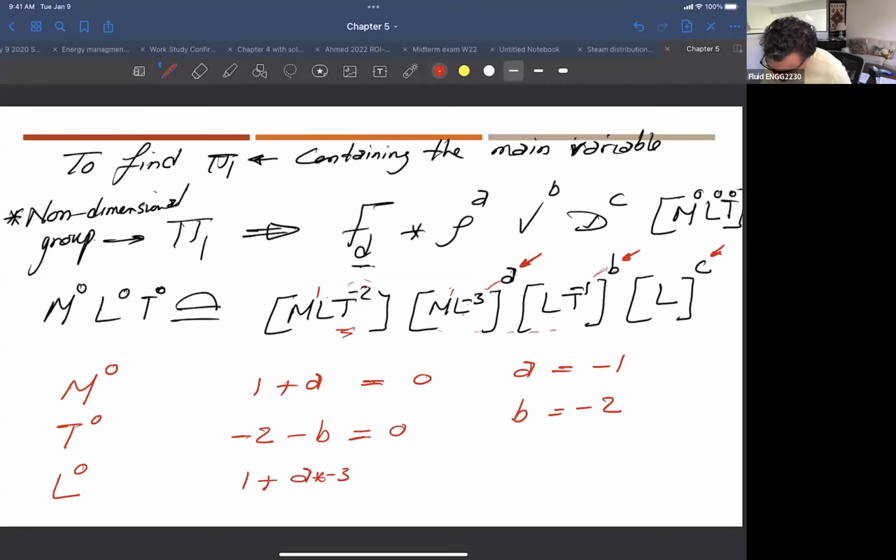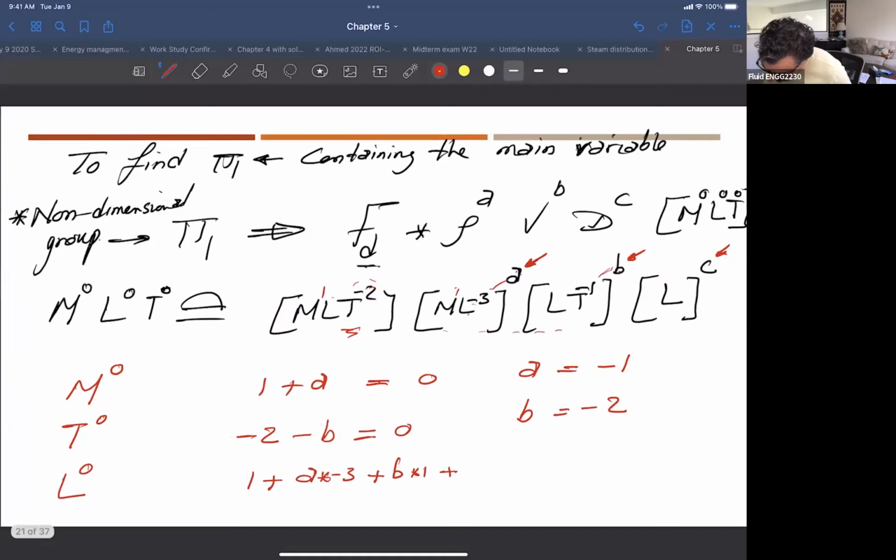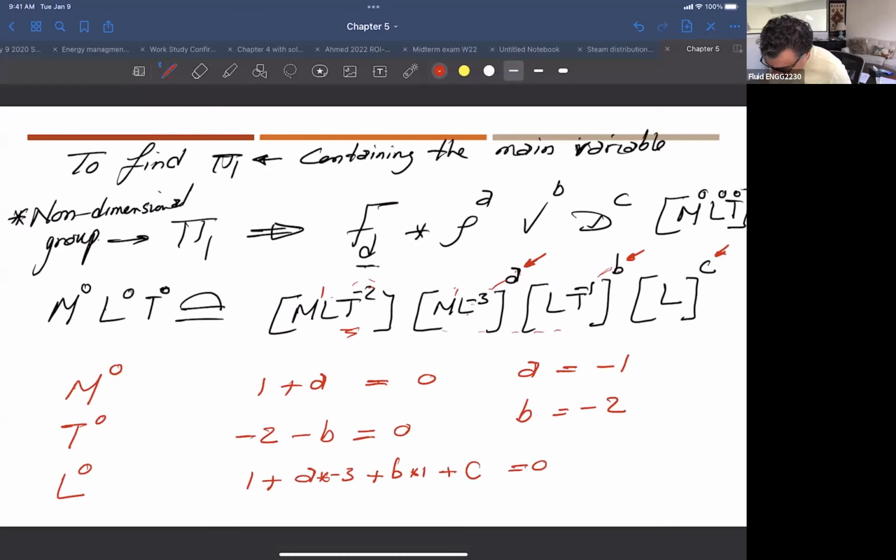Because L here is minus 3A. Here is B multiplied by 1, plus C multiplied by 1, is equal to 0. You know A already, and you know B already from the first two. So you can get C here is minus 2.